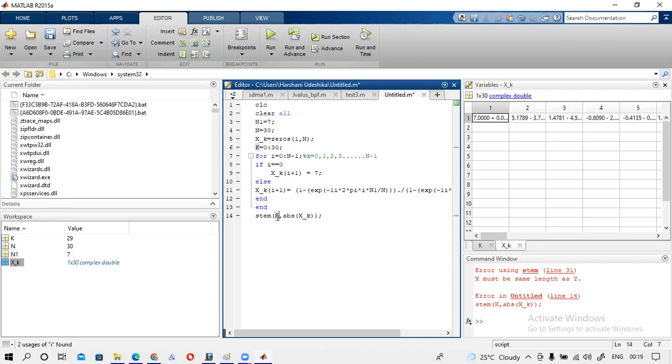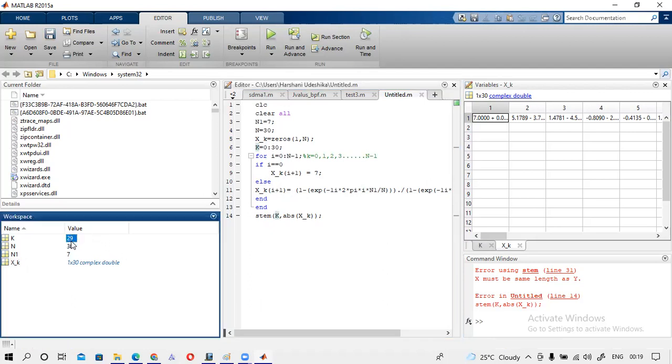Because if I put the for loop here, it is looping. So finally, it is not creating a k array. It gives only a k value. So this is the final k, that it will be 29. That should not happen.